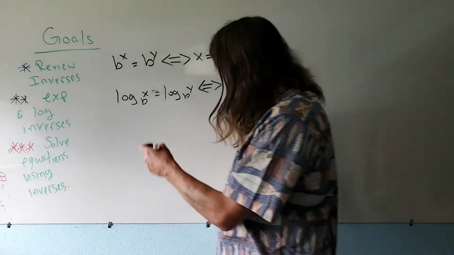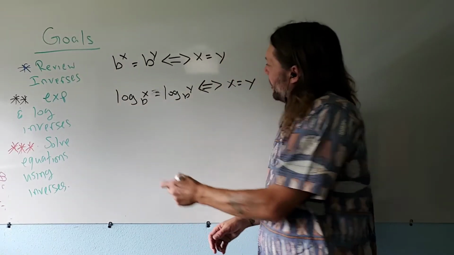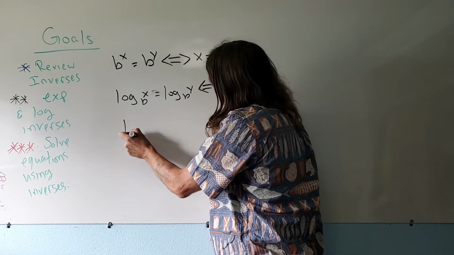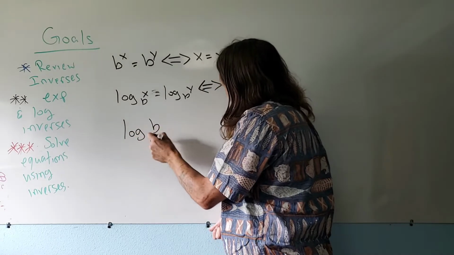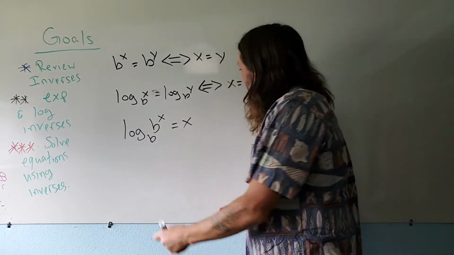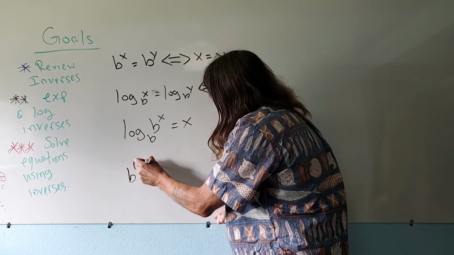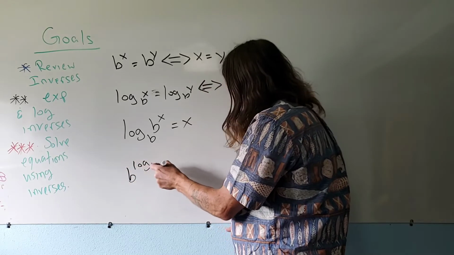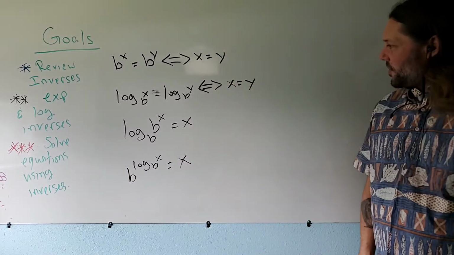And then what we just figured out is that log base b of b to the x power must be equal to the exponent. And we also figured out that b raised to the log base b of x also must be equal to x. So these are the tools that we have.